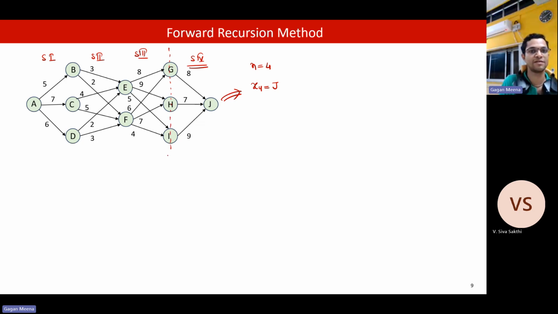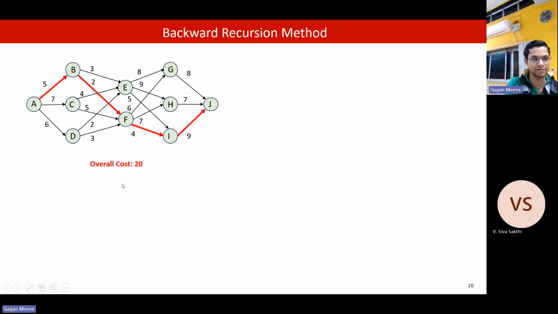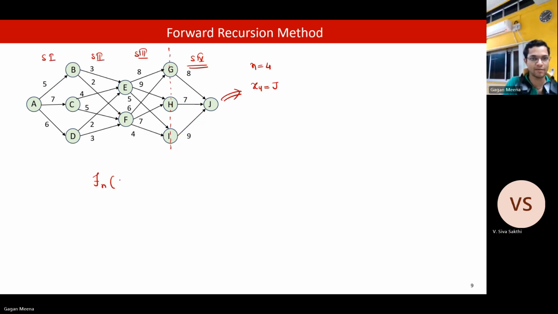For this, we have G, H, and I as S. So first I will write Fn(S, Xn) equals C(S, Xn) plus F(n+1)*.